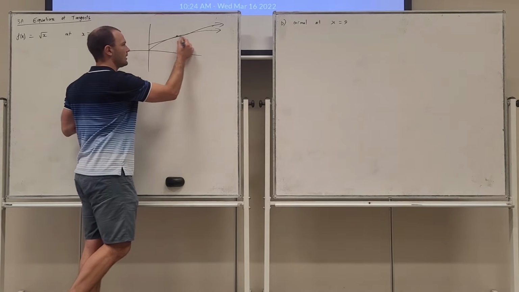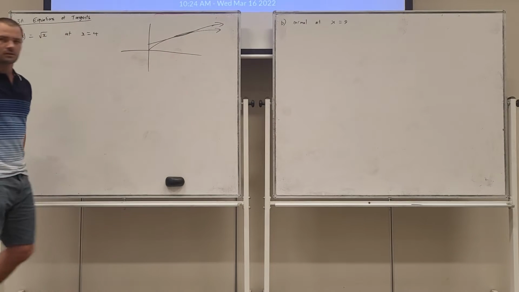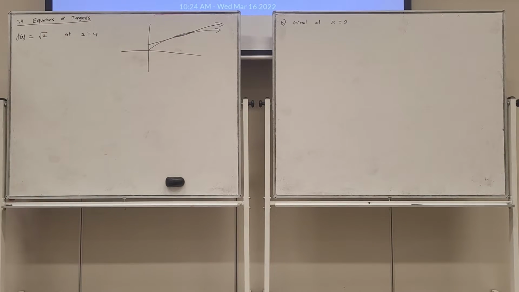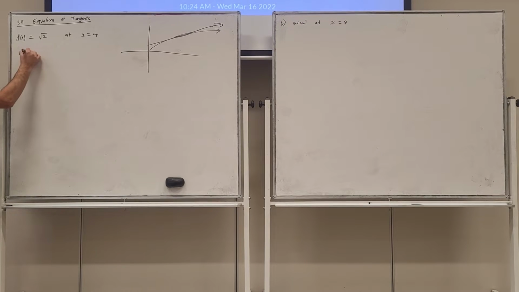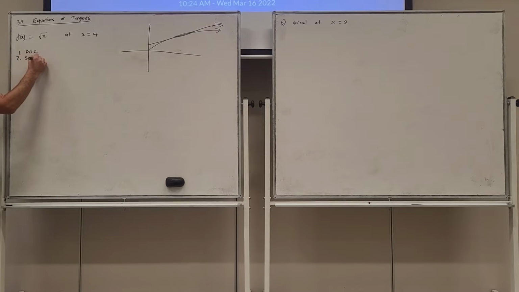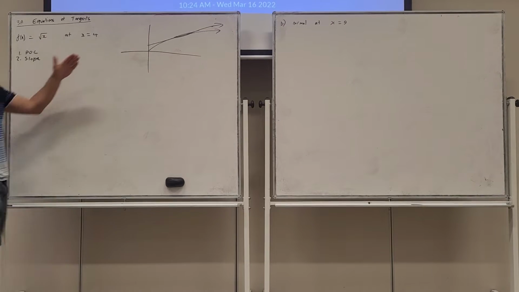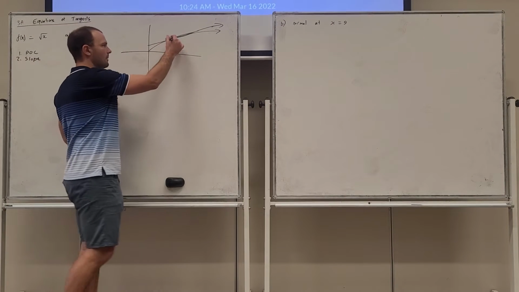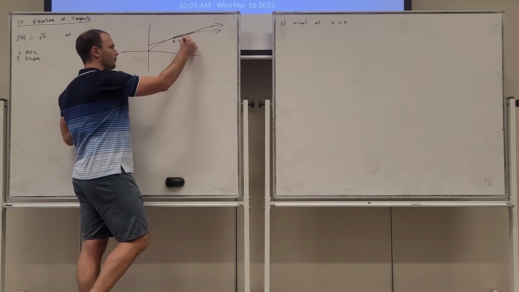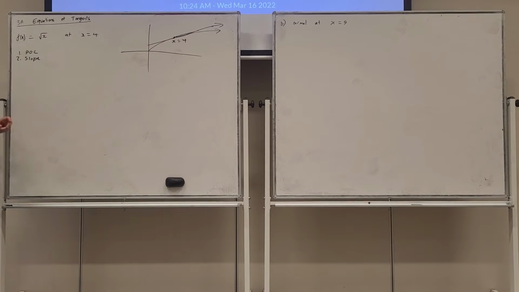To find the equation of the line, we need two things. We need the POC, that's the point of contact, and we need the slope. So we want to find the equation of this line. We're talking about the tangent at x is 4, and so we need those two pieces of information.